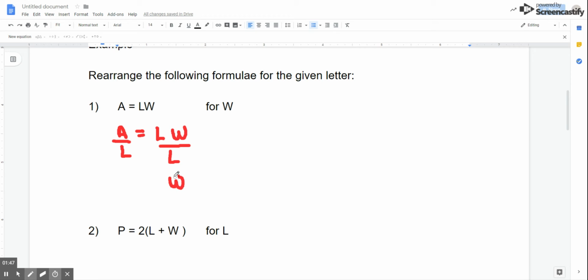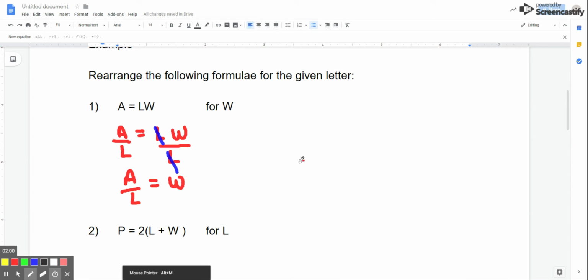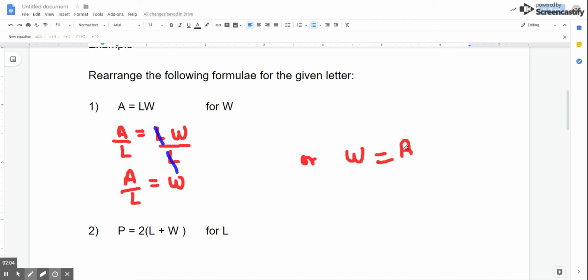So W would be A over L because these two values would cancel each other out. Or we could rewrite it as W equals A over L. Now let's look at the next example.